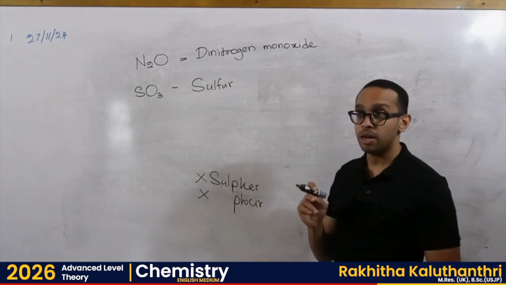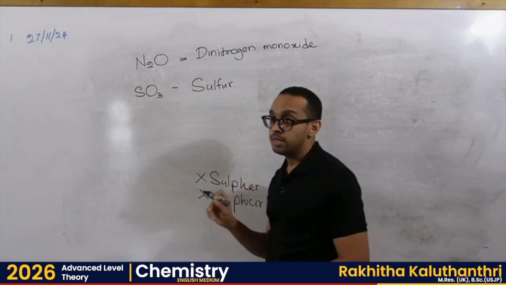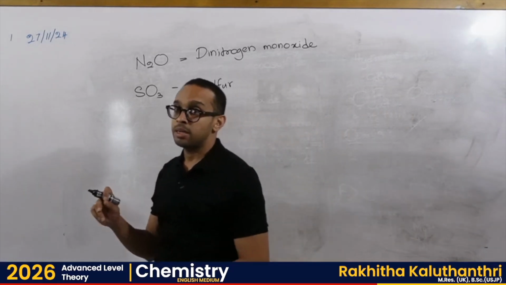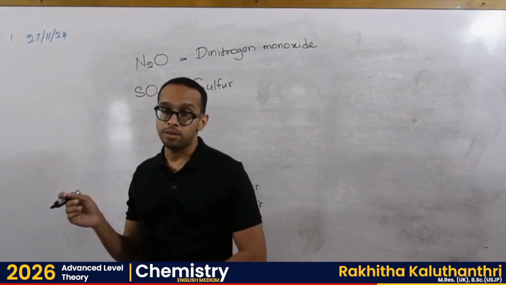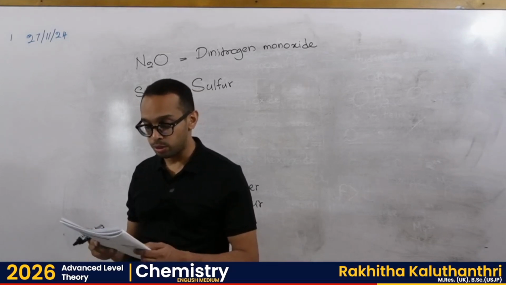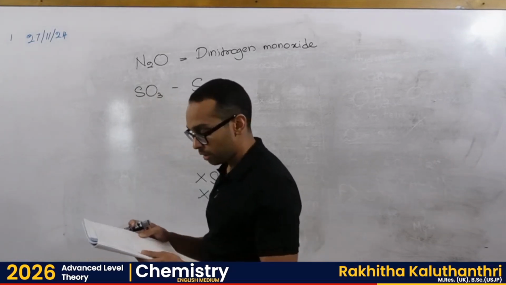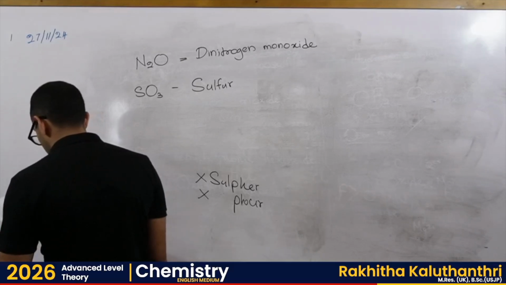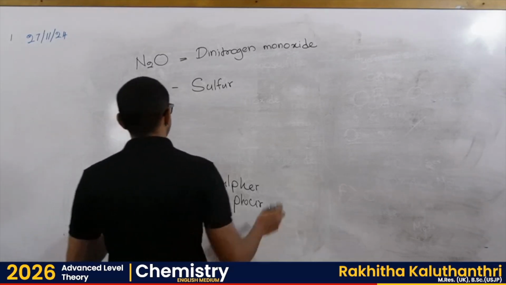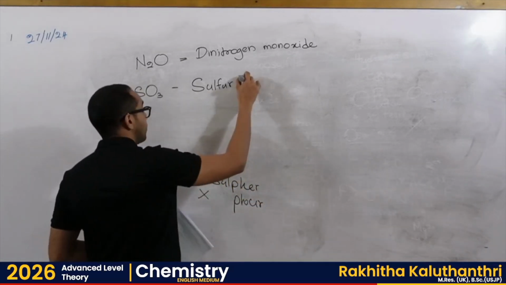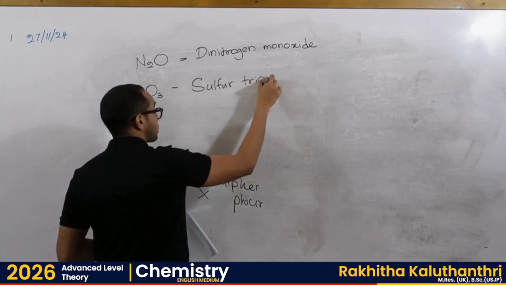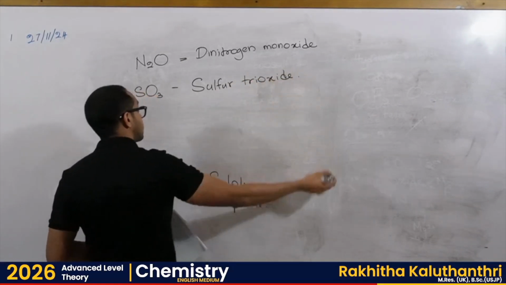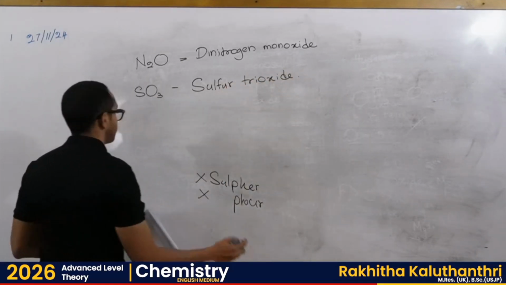However, in our syllabus we specify that we prefer to write it as SULFUR. So, students, you need to follow that. It has to be written with the correct spelling. So it's sulfur trioxide. Don't write sulfur with PH.